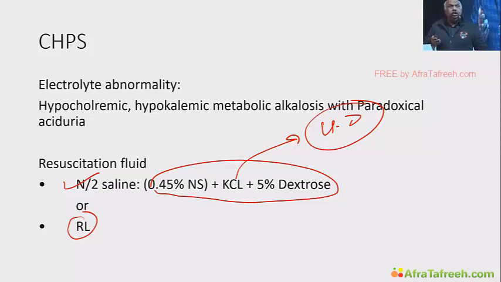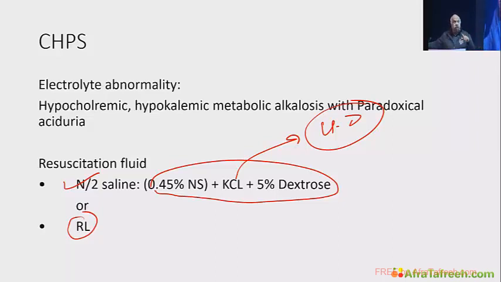And so it has all the electrolytes. Plus the lactate goes to the liver and through the Cori cycle gets converted to bicarbonate. So it counters the acidosis. That's why in trauma, burn, and shock, we prefer Ringer lactate, because the patient is in metabolic acidosis. Here the child is already in alkalosis.